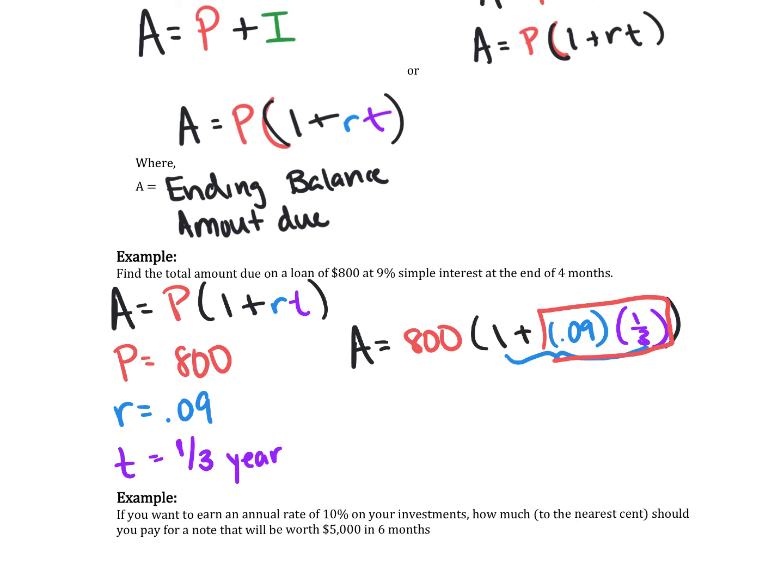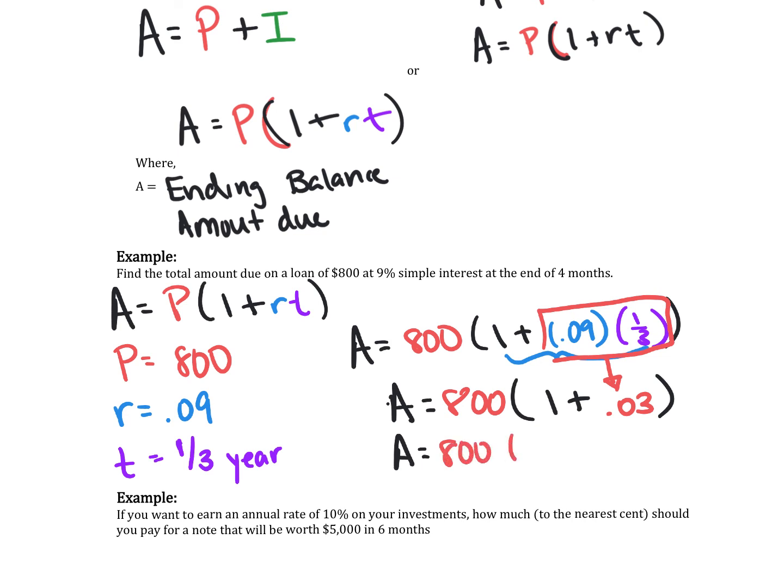When I do just that part here, I get this equal to 0.03. And so now I have A is equal to 800 times 1 plus 0.03. So finishing that up, 1 plus 0.03 is 1.03. When I multiply 800 by 1.03, I'm going to have to pay back $824.